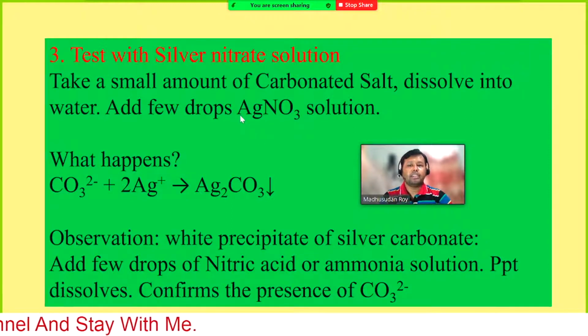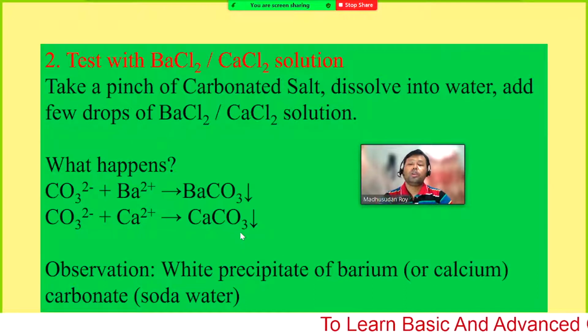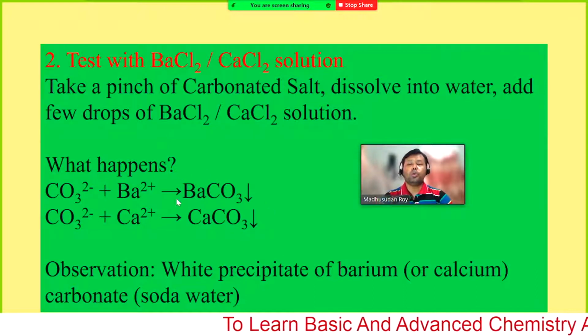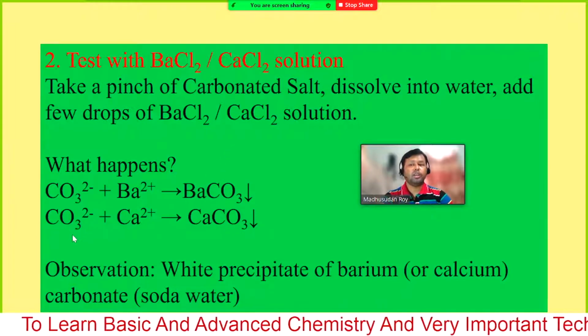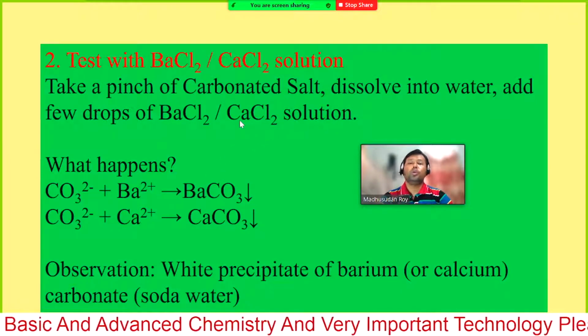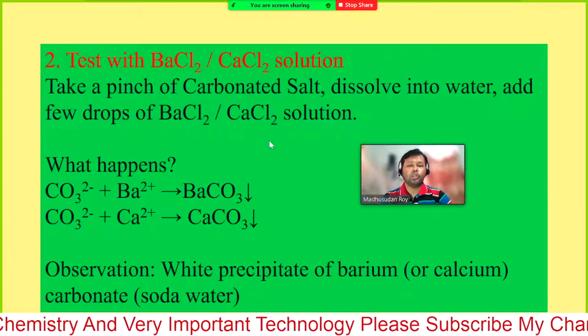Silver nitrate will give you silver carbonate, but if you add barium chloride you will get barium carbonate, or calcium chloride will give you calcium carbonate. So there is no way to get confused about what precipitate you are getting. Just make sure what reactant you are adding to your sample to get the precipitation.